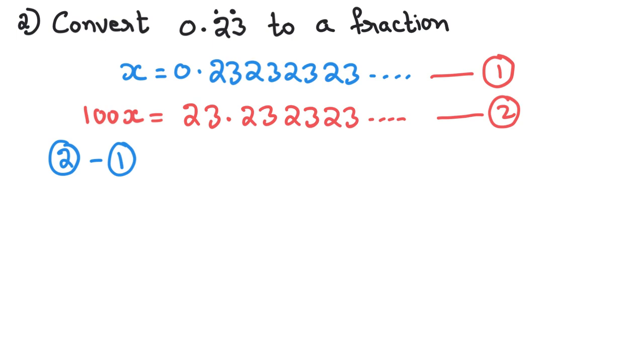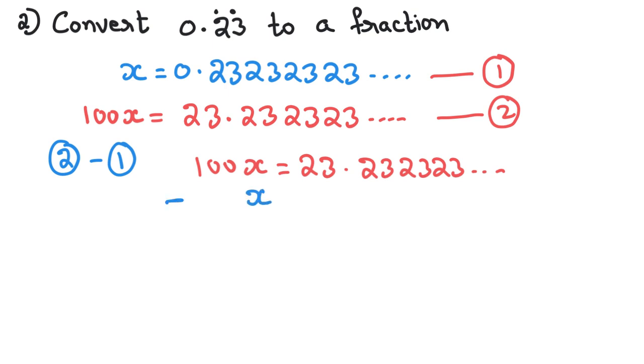Second equation first. So let's write 100x equals 23.232323 and so on, minus the first equation, which is x equals 0.232323 and so on.